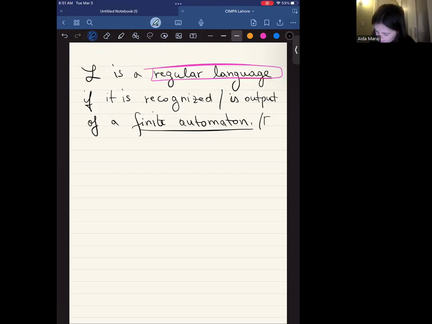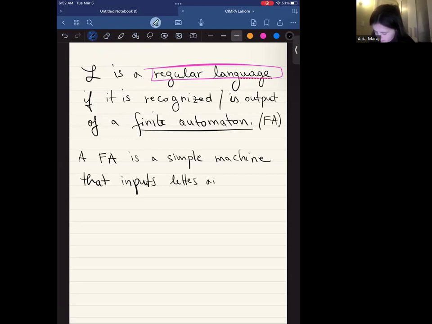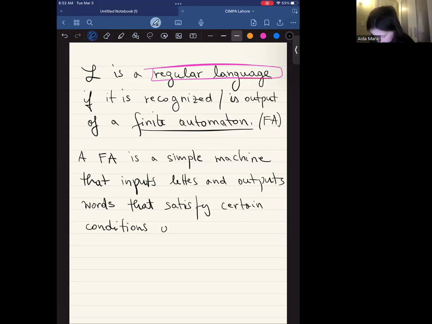I'm going to call this FA in general. A finite automaton is a simple machine that inputs letters and outputs words or sequences that satisfy certain conditions determined by a directed graph.